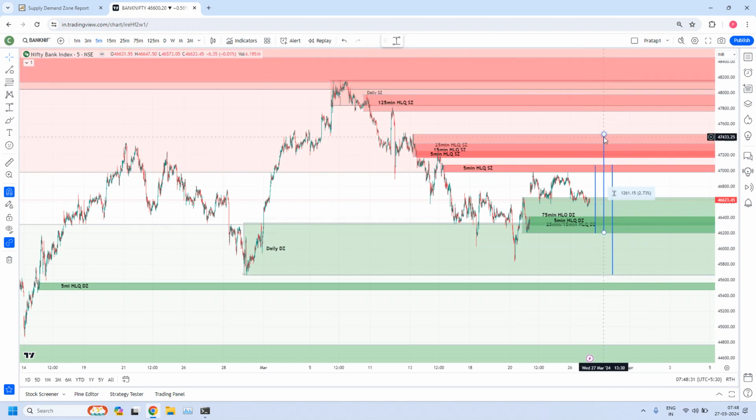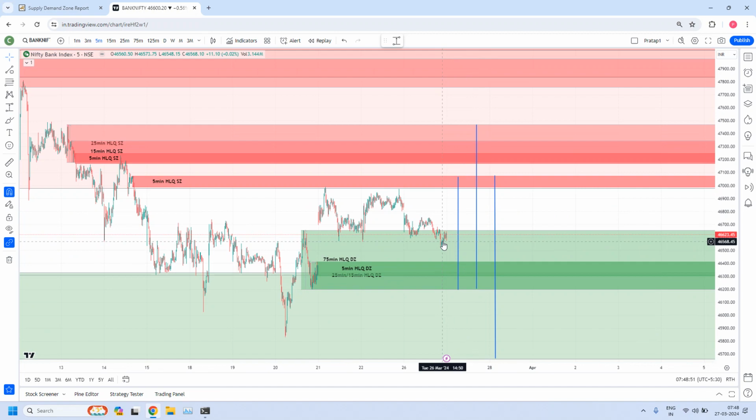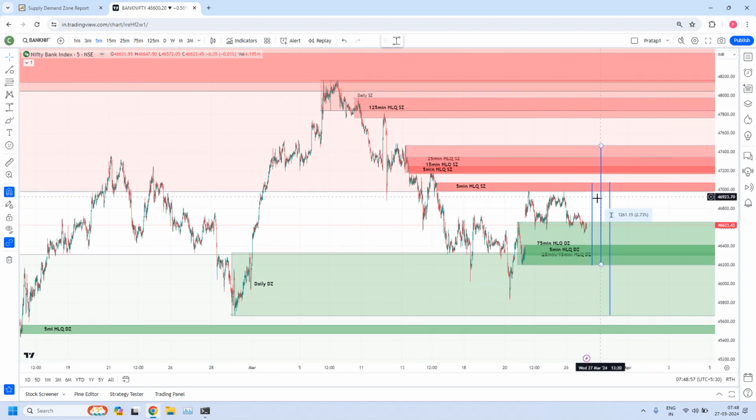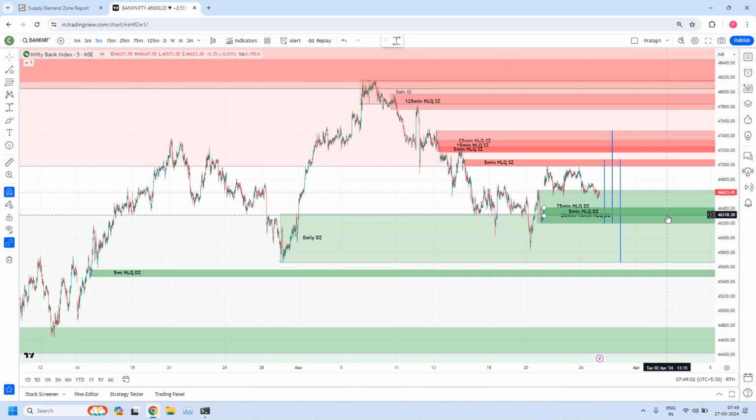If this one is violated, the range will increase from here to here. If this zone is violated, the range will increase. If both are violated, the range will be from here to here. Anyway, we will again discuss this analysis based on today's price action. But today, this range is valid initially. If one of these zones is violated, the ranges will change accordingly, as I explained based on these two info lines.